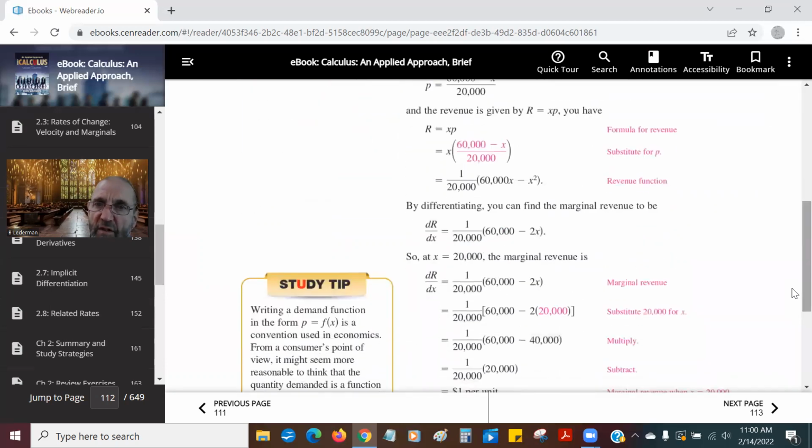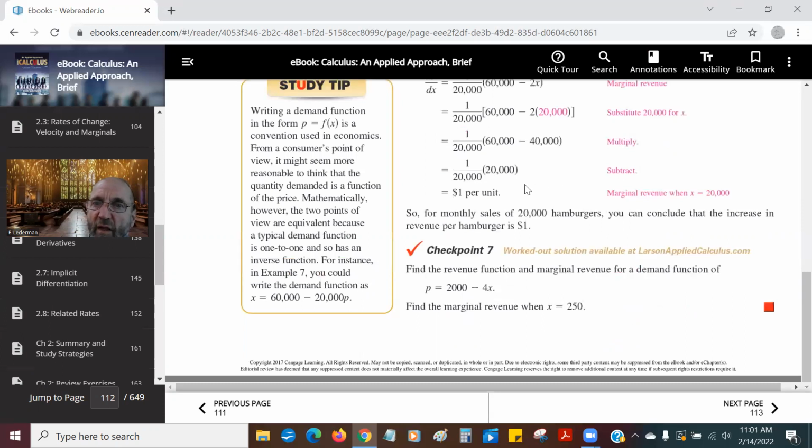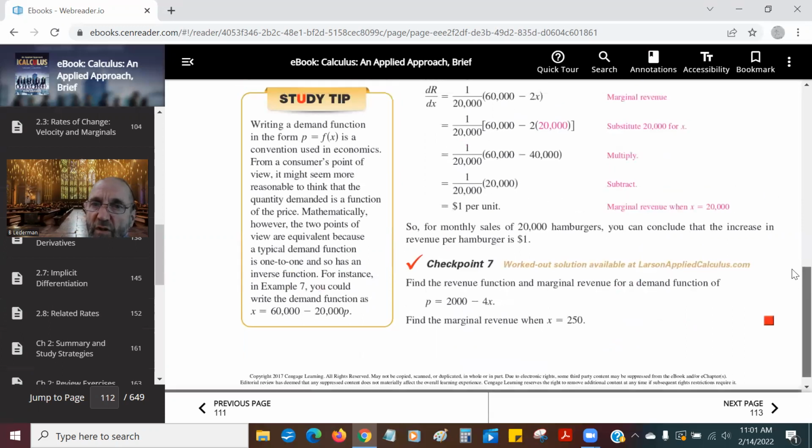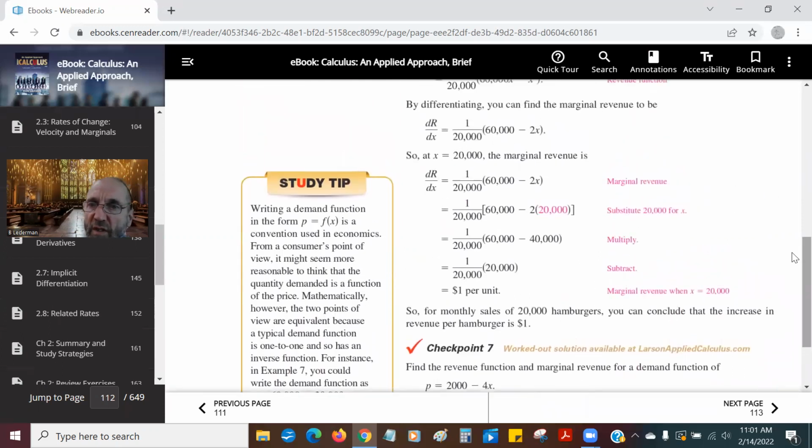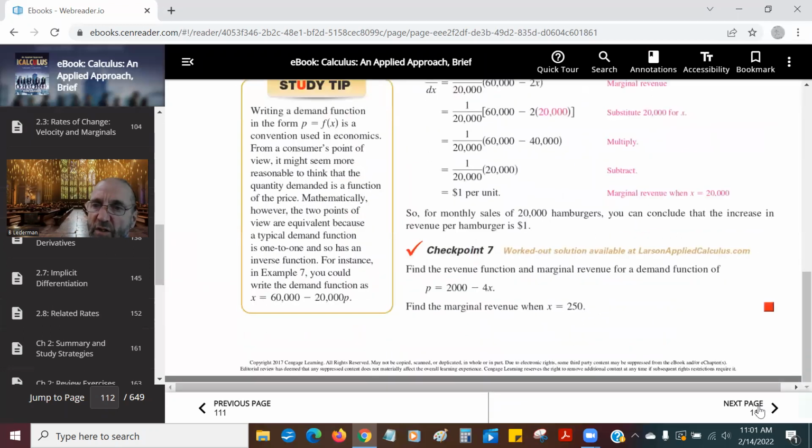The derivative of this is 60,000 minus 2X, and again, don't forget the 1 over 20,000. Now we want to know what it is when X is equal to 20,000. Just plug in X equals 20,000, pow, and we get $1 per unit. That's the marginal revenue when X is equal to 20,000. And that is awesome.